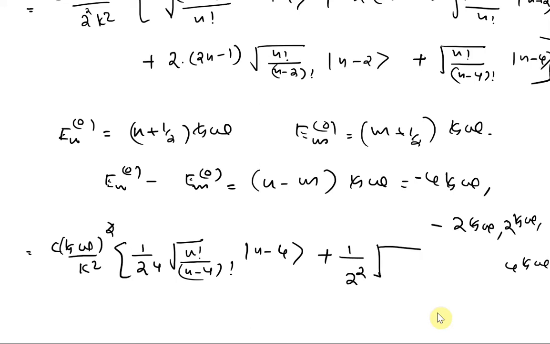Root n factorial divided by, okay, one more term is there. You have 2n minus 1 by 2 square into root n factorial divided by n minus 2 factorial.